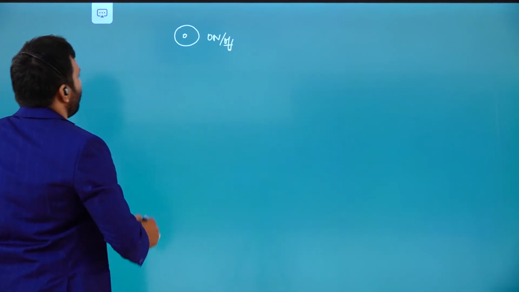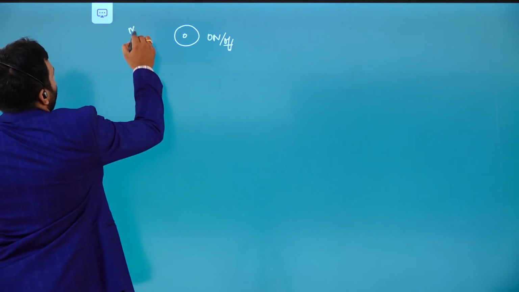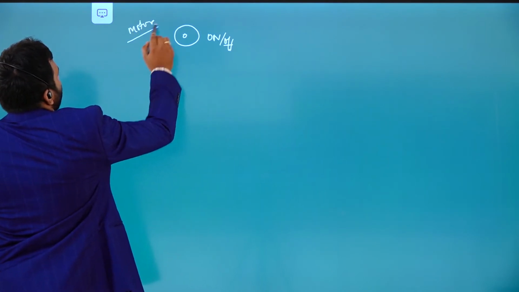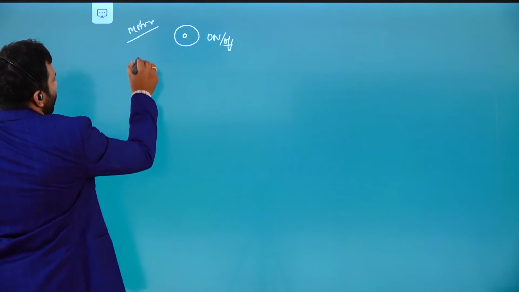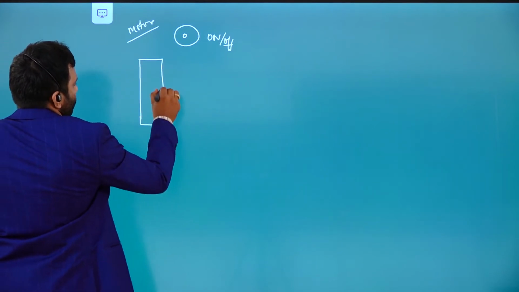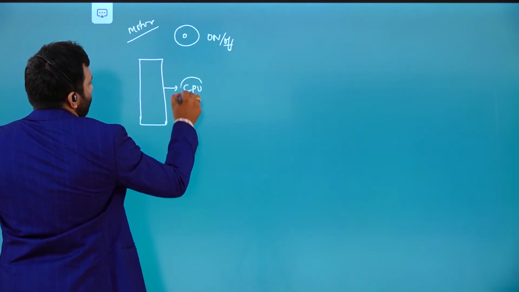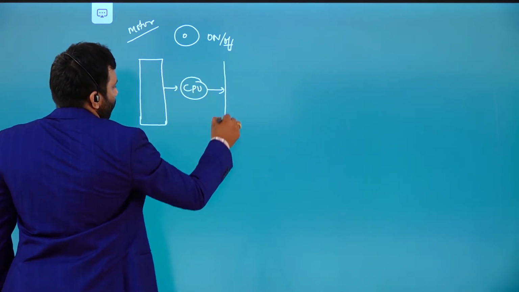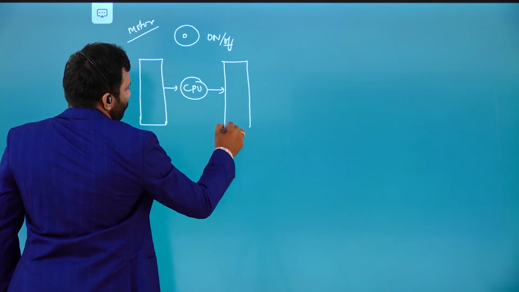For this application, how are we going to connect it? This is the input module. As before, it gives a signal to the CPU, and the CPU updates the output module.